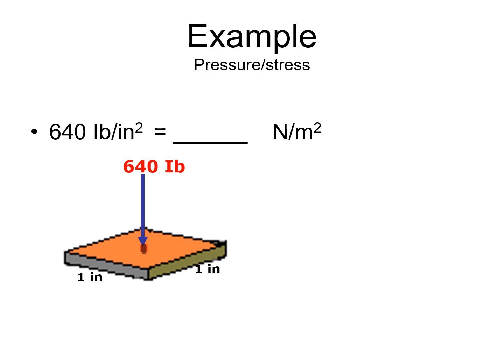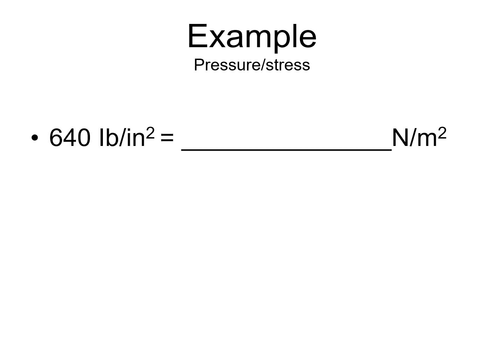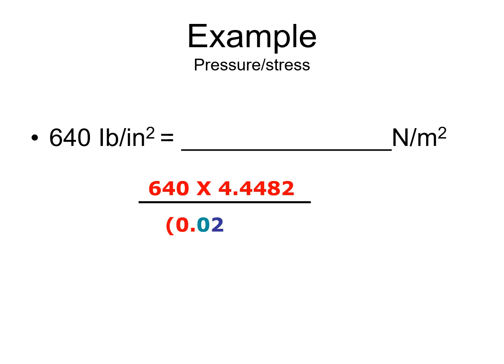So after I understand that, I can convert now pound into Newton, and then I'm going to convert inch square into meter square. So this is the answer. What I'm doing here is converting pound into Newton again, and then I'm going to divide this with 0.0254 square.